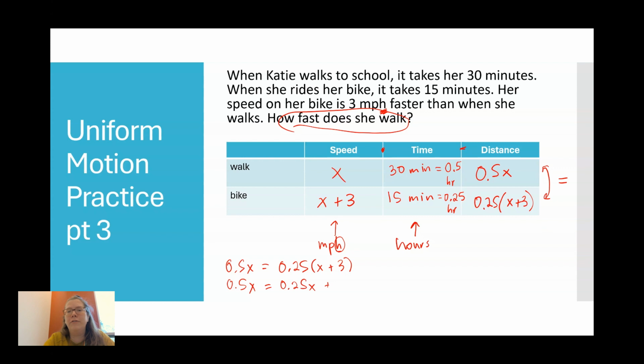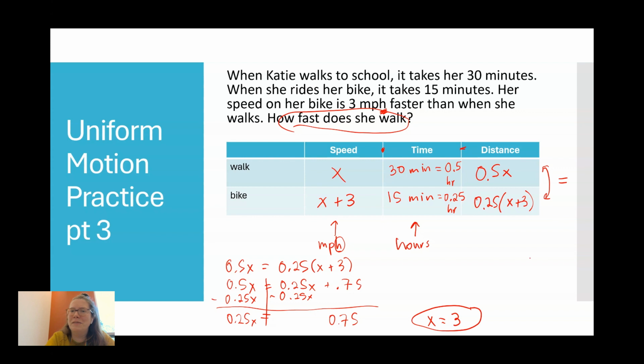Let's see, half of 3 is 1.5, so a quarter of x should be 0.75. I'm going to move all my x's to the other side of the equation. And when I divide by 0.25, I should get x equals 3.